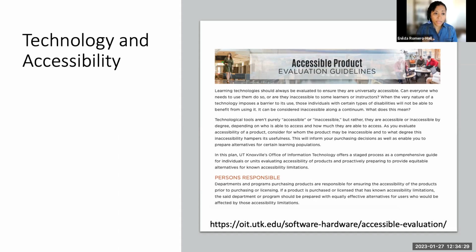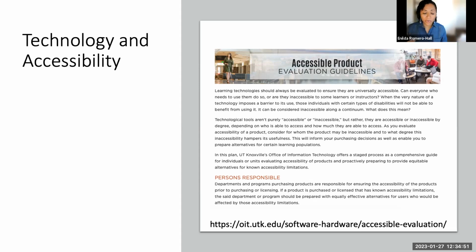So in terms of accessibility, we need to understand that technology is not neutral. Technology is designed by individuals just like us. And at times that means that the technology may not be accessible to all because we are not perfect.